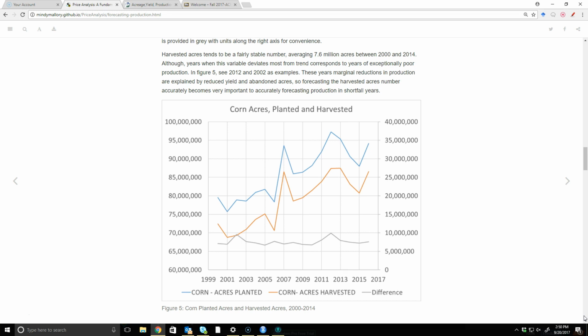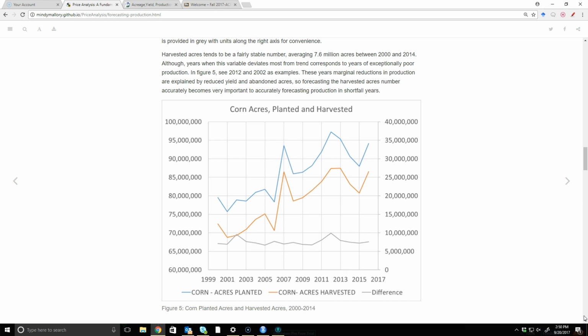You only abandon acres when it would cost you more to run the combine and get it out of the field than you would actually earn from selling the grain. And that happens on more acres than usual in dry and hot years like drought years. So you'll always see a little uptick in this difference between acres planted and acres harvested.